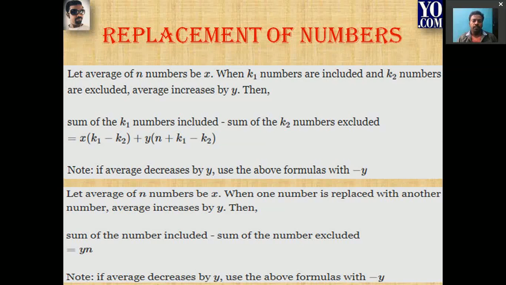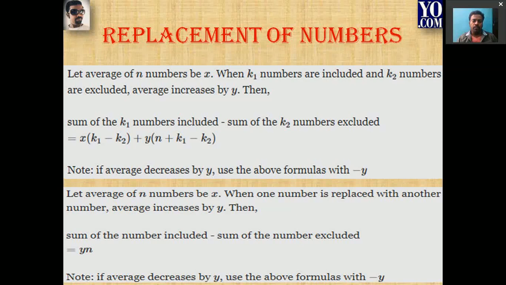Then let the average of n numbers be x, when k1 numbers are included and k2 numbers are excluded, and the average increases by y.